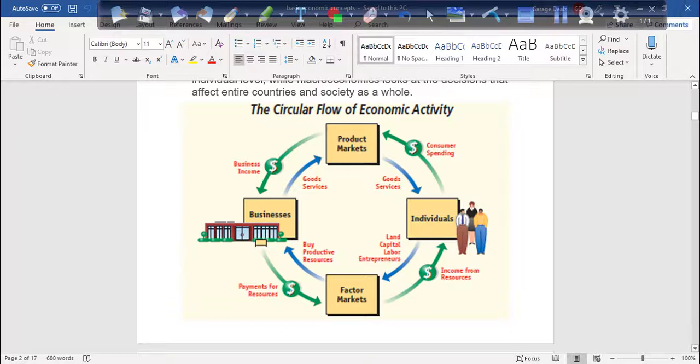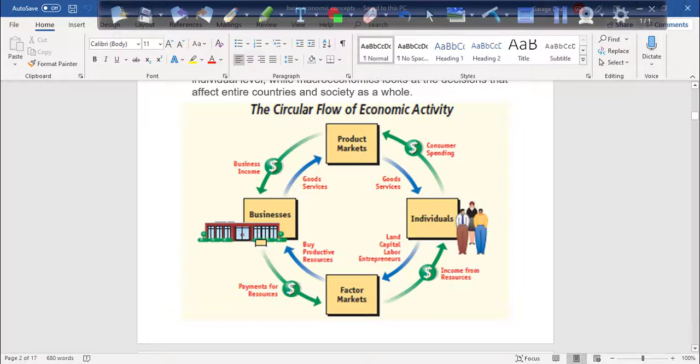Now, there are three types of economic systems that people normally discuss when they're explaining microeconomics. One, a market economy. Two, command economy. And three, a traditional economy.